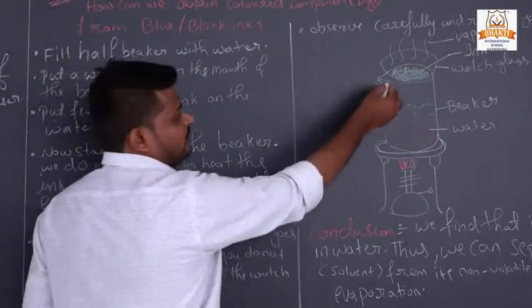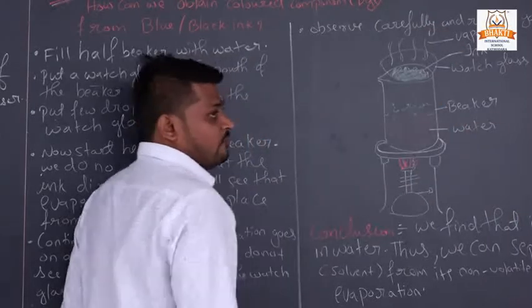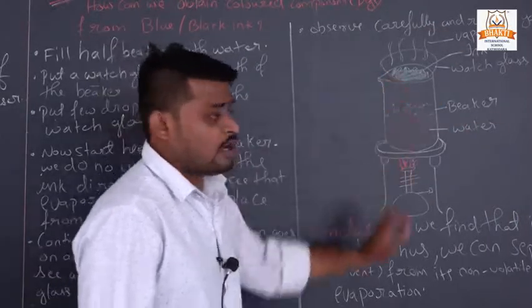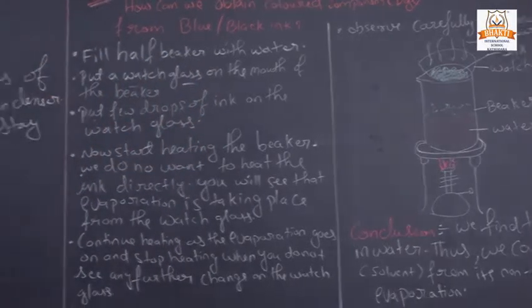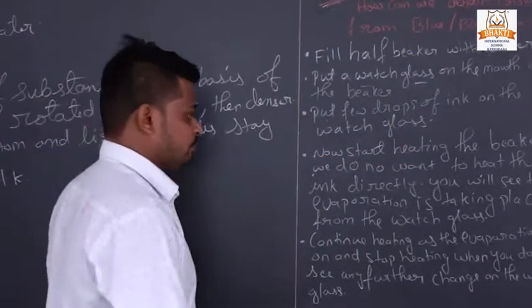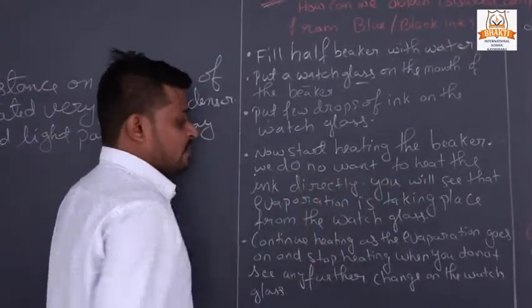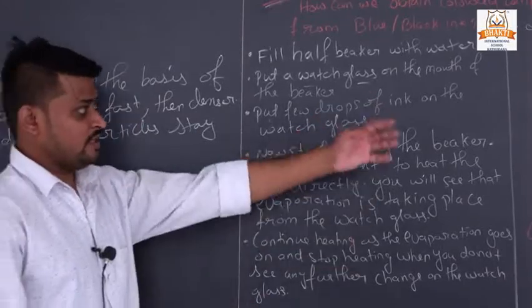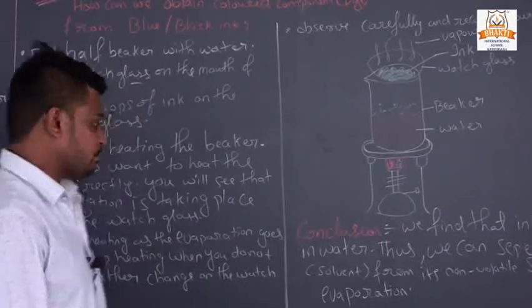You will see some vapors also evaporate from the ink, and that is water. Ink is a mixture of color and water. Now you can see evaporation taking place here, with vapors rising from the ink.